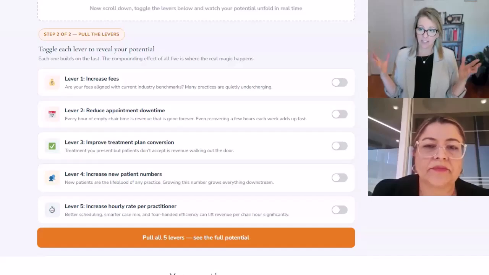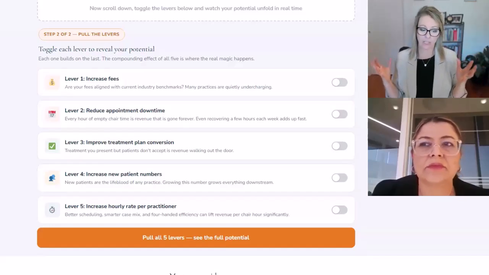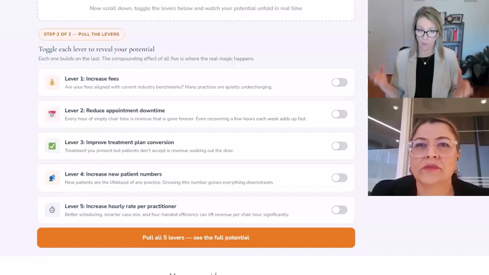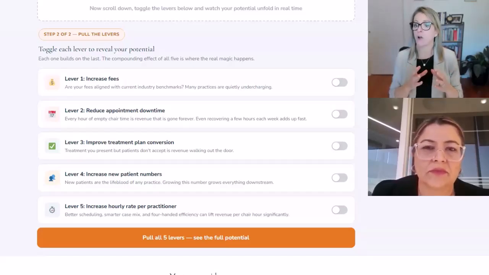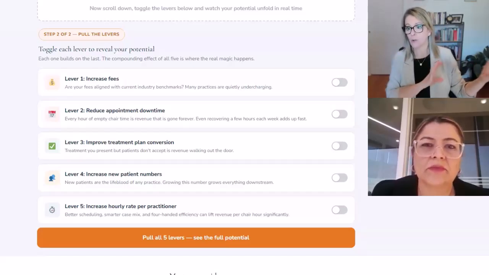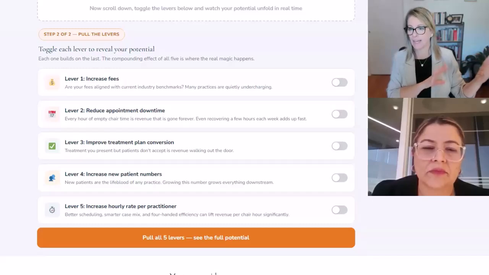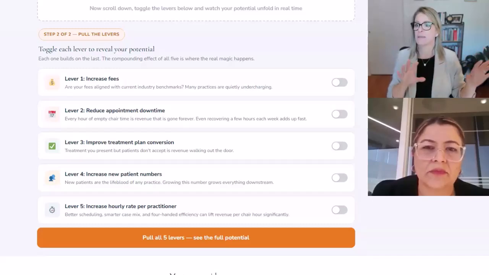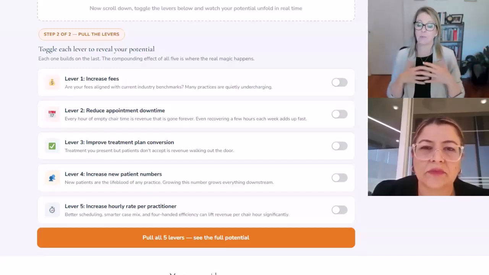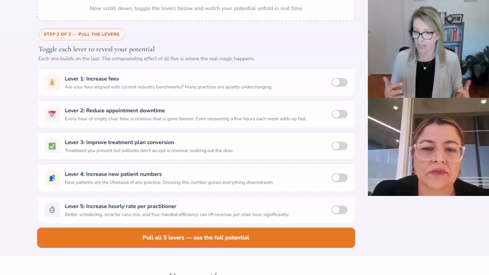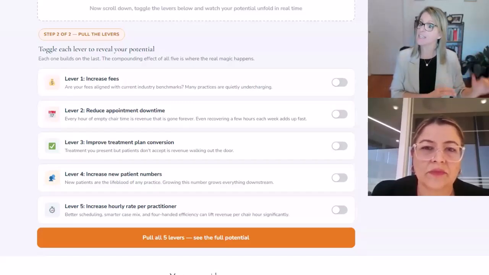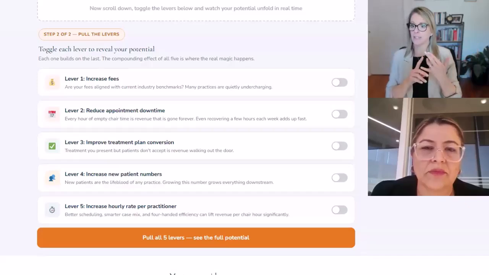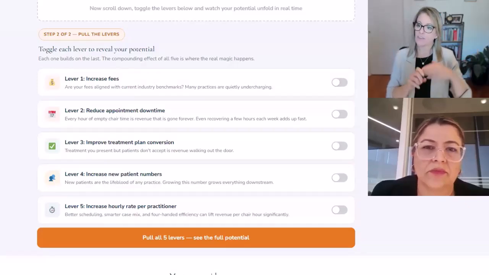It's just one of the data tools that you use to determine where to place your fees, because it depends on more than what your competition is doing and what the ADA are indicating as the average. It depends on your unique practice, where you are, what your costs are, because running a dental practice in the early days costs more because you've got leases and equipment leases and all the things.